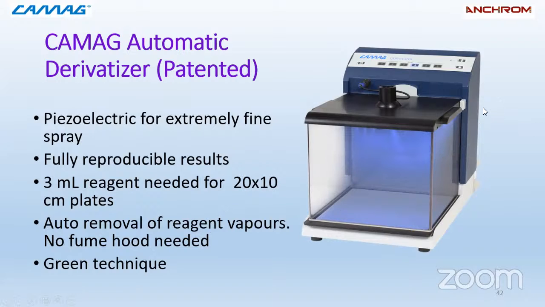On the back side of the instrument, there is one bottle which contains 70% ethanol, and whatever extra vapors are generated in this closed hood are collected into the waste bottle. The entire operation takes place in a closed system so that the analyst is not exposed to the toxic vapors of the reagent. This is how it is a green technique.